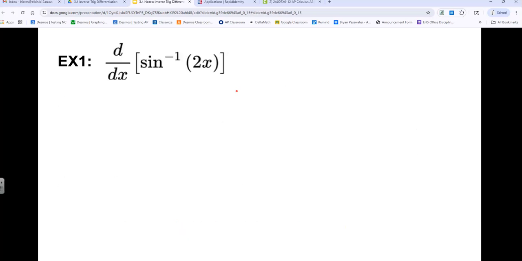So let's look at some problems. Okay, I've got to find the derivative of inverse sine of 2x. So, you know, the formulas are new. That derivative of sine inverse of u is u prime over the square root of 1 minus u squared, right? For this particular problem, what would the u be? 2x.